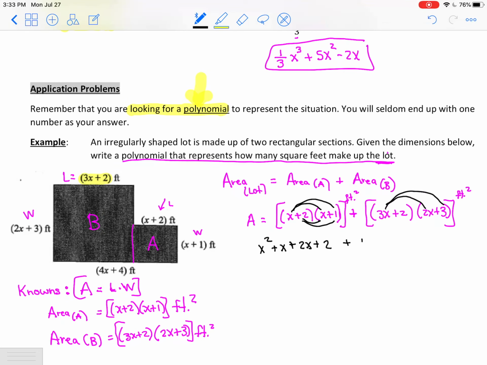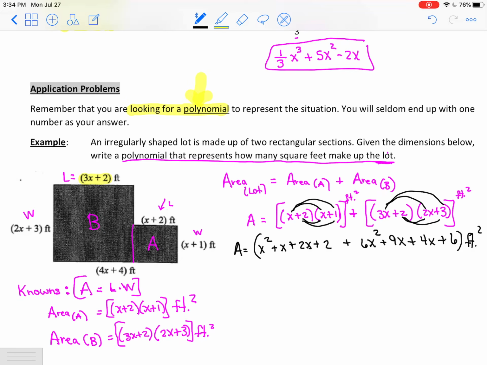So we've got 3x times 2x is going to give us 6x squared. 3x times 3 is going to be 9x. 2 times 2x will give us 4x. And 2 times 3 can be plus 6. So area is going to be all of this feet squared.